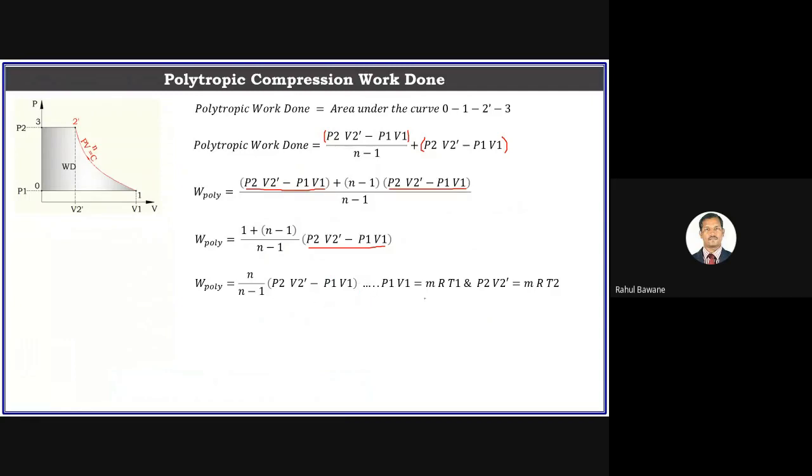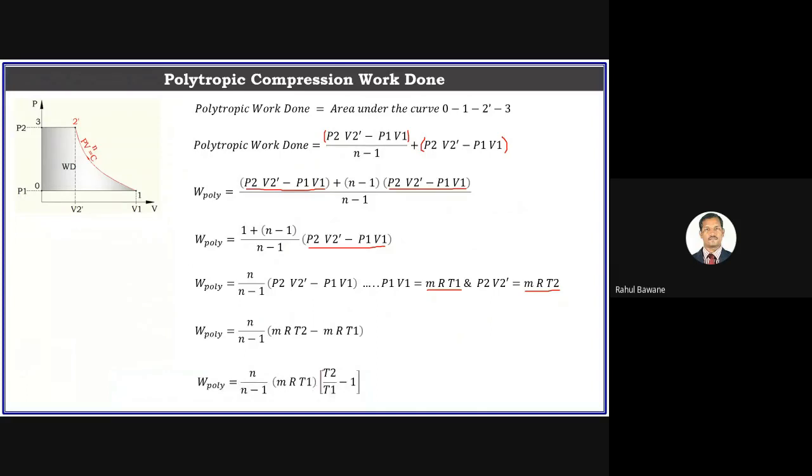If we know the suction and delivery conditions in terms of mass flow rate and temperature, then P1 V1 can be replaced by mRT1 and P2 V2 dash can be replaced by mRT2. So we can replace P1 V1 and P2 V2 dash in terms of mRT temperatures.